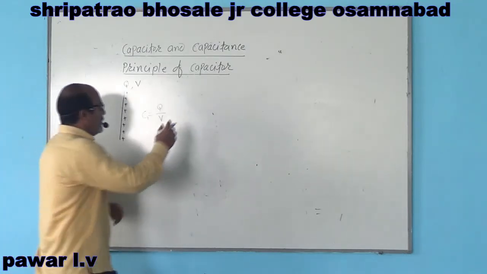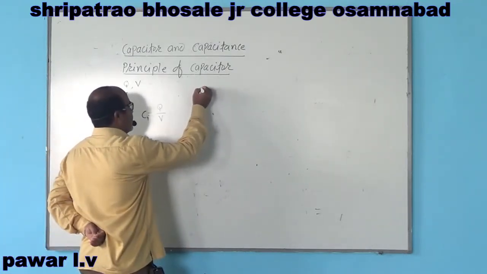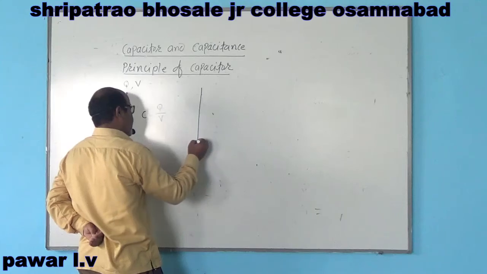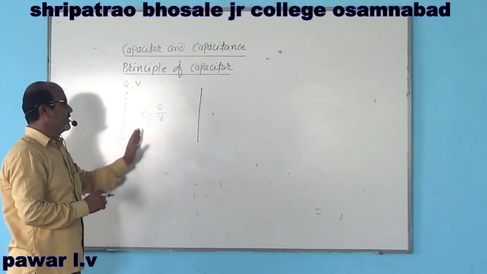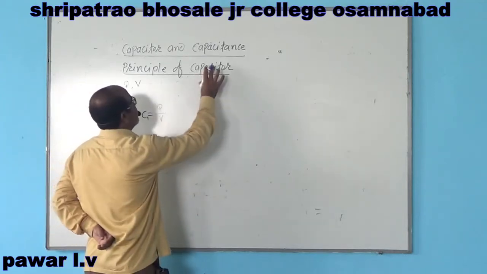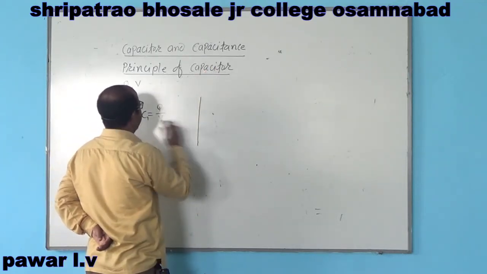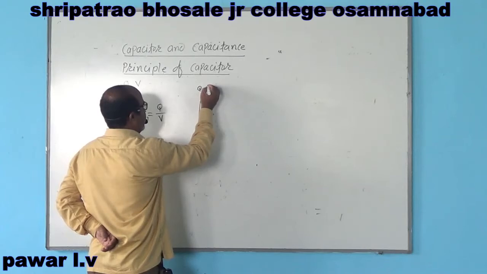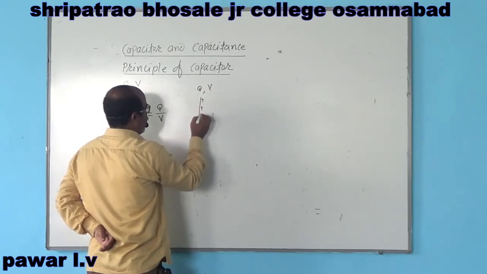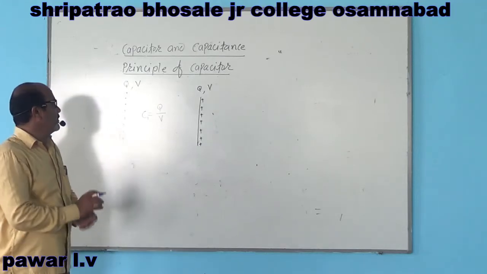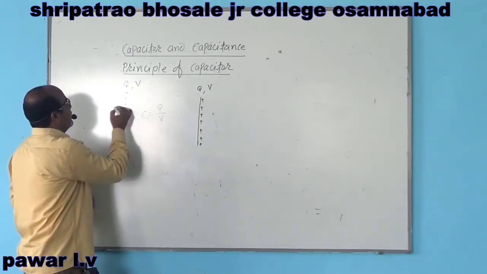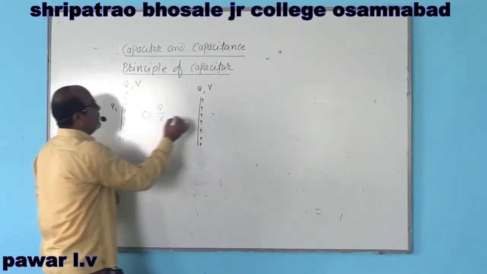Now, if we arrange another conductor kept near it, if this is the first conductor having charge Q and potential V and positive charge on it, now let it be metal plate P1.